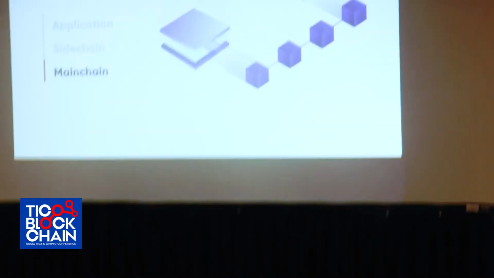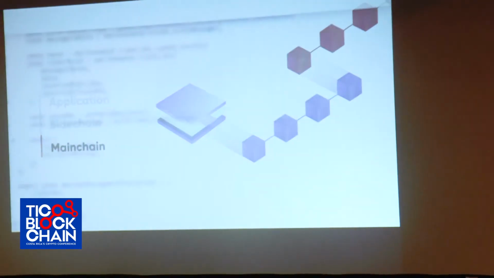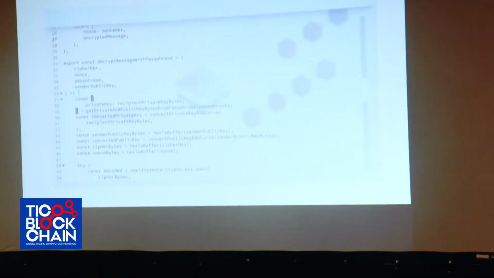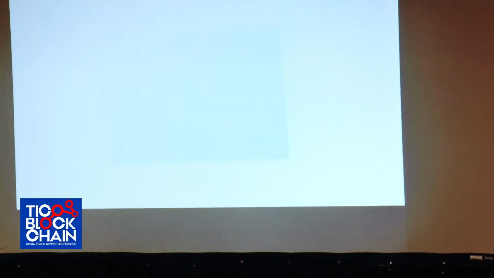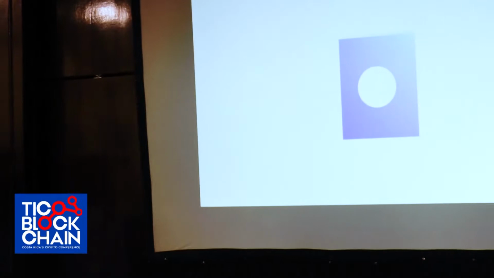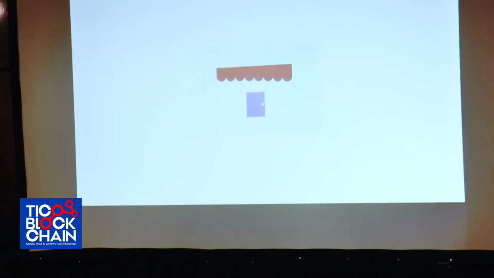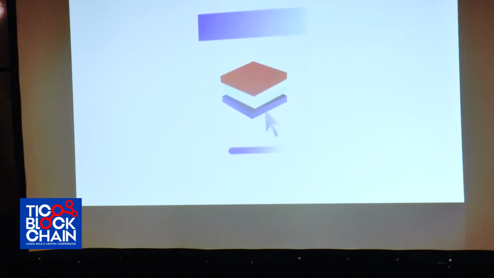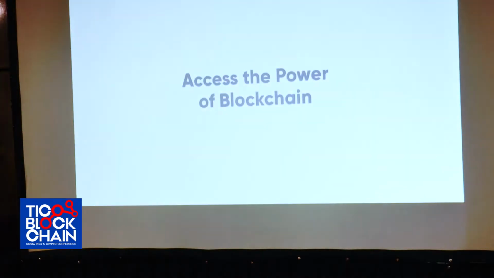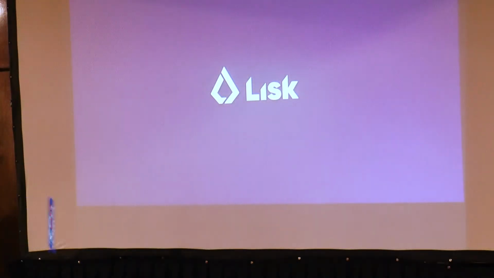Each blockchain application runs on top of its own sidechain, a fully customizable blockchain that's connected to Lisk's main chain. And the SDK is completely written in JavaScript, the most commonly used programming language in the world. So, with Lisk, everyone can develop decentralized social networks, messengers, games, exchanges, storage platforms, and much more, without the complexity of developing a blockchain from scratch. Access the power of blockchain with Lisk.